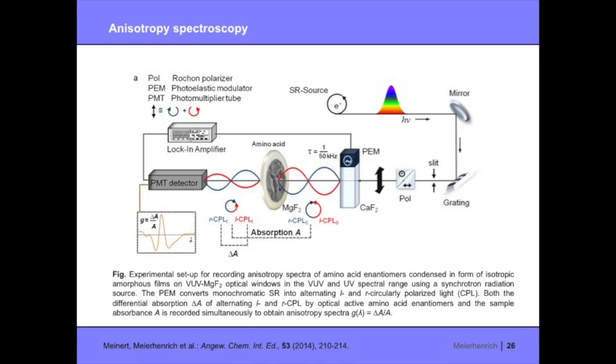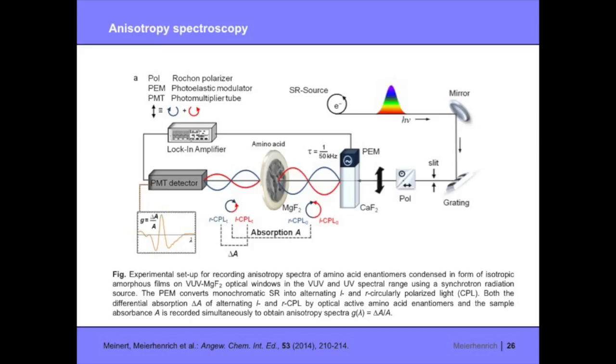The anisotropy factor is not only dependent on the differential absorption, the anisotropy factor is also dependent on the absorption. This is the definition of the anisotropy factor to that time. And we then said the anisotropy factor, of course, will also be a function of the wavelengths. So what we measure now is anisotropy spectroscopy, and this is new, and nobody did this before.